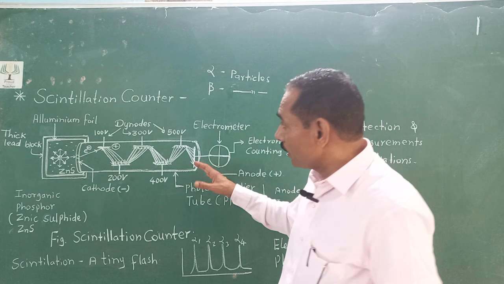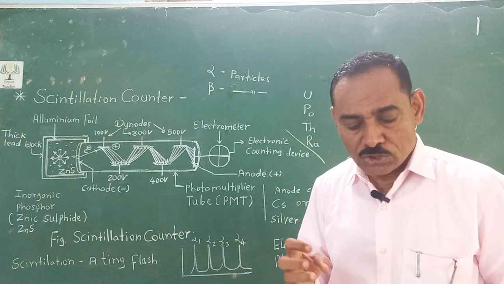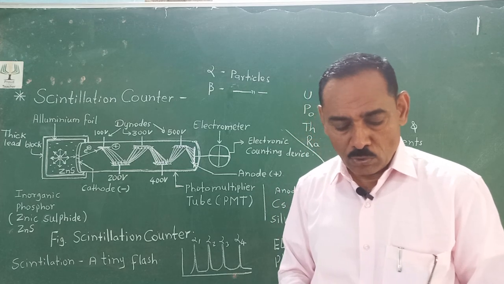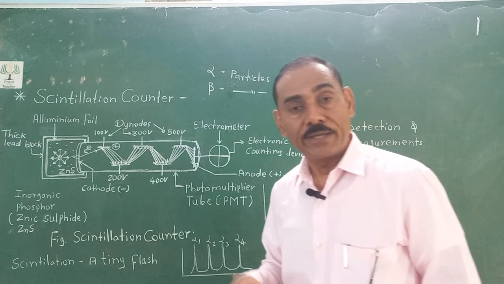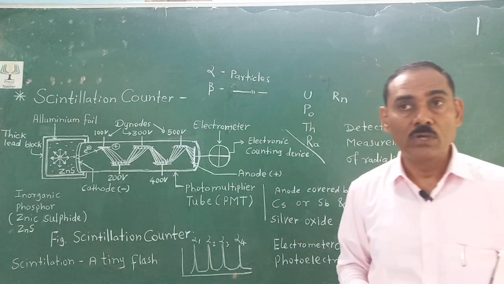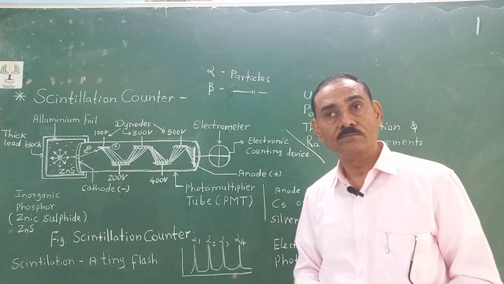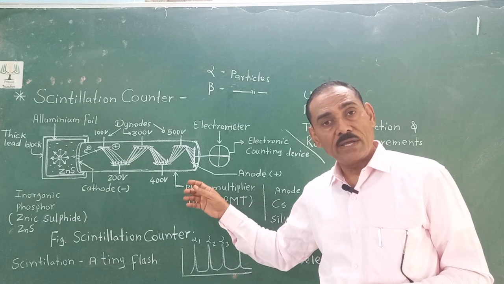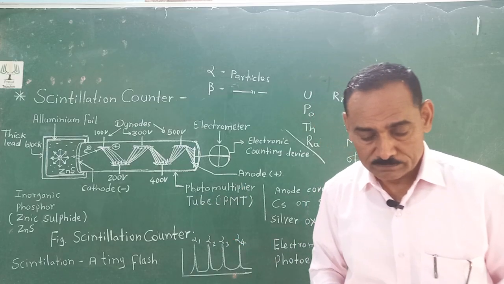One more advantage of the scintillation counter is that it has short resolving time and is therefore more efficient for counting gamma rays. Gamma rays may also be counted by this device.